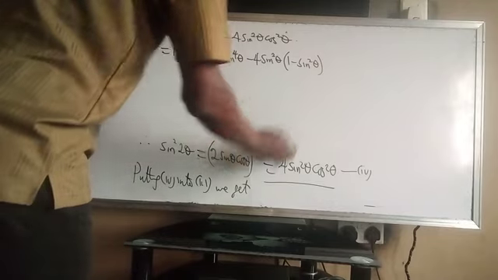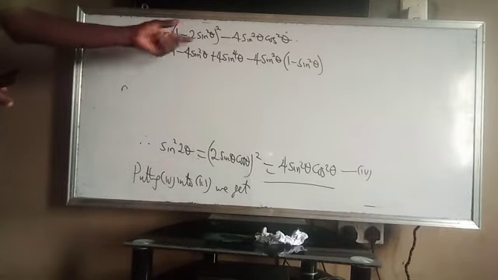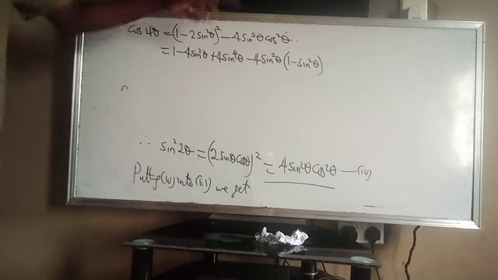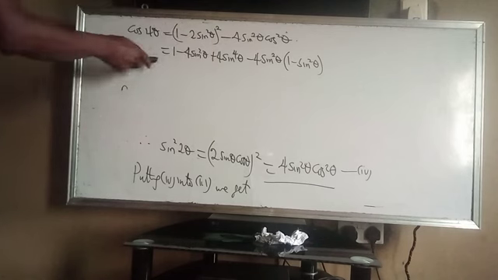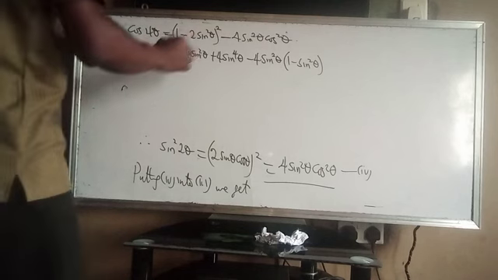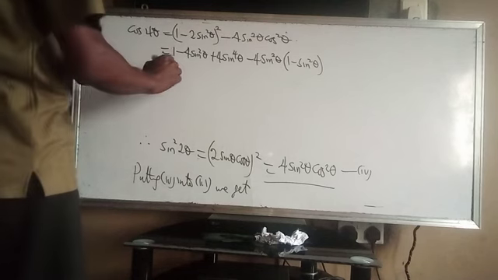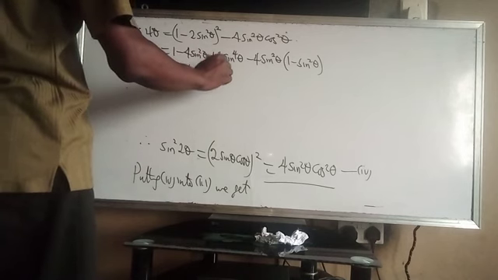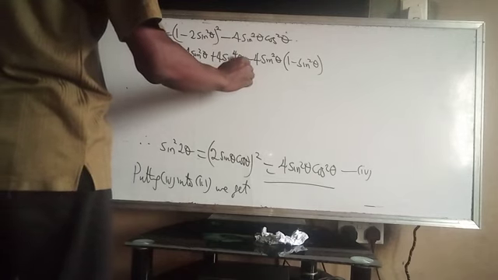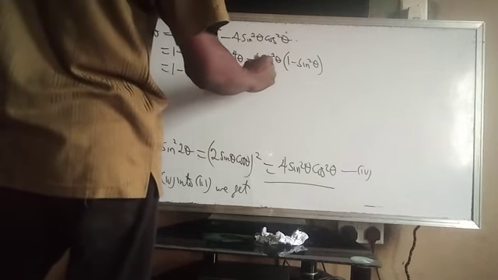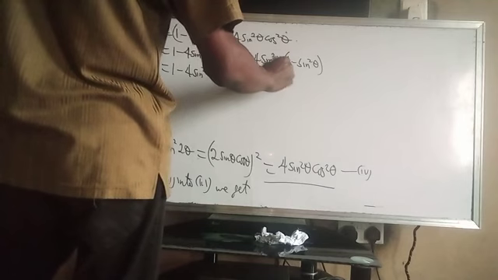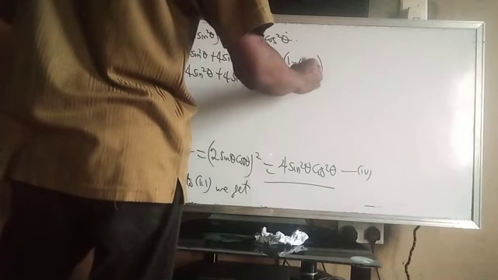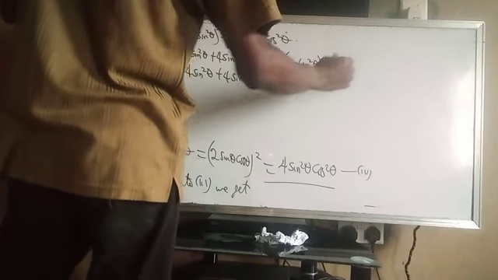I hope you know how to expand this. It is just 1 minus 2 sine square theta twice. So expanding, that will be 1 minus 4 sine square theta plus 4 sine raised to power 4 theta. Then you expand minus 4 sine square theta times 1 minus sine square theta: minus 4 sine square theta, then minus times minus plus 4 sine raised to power 4 theta.